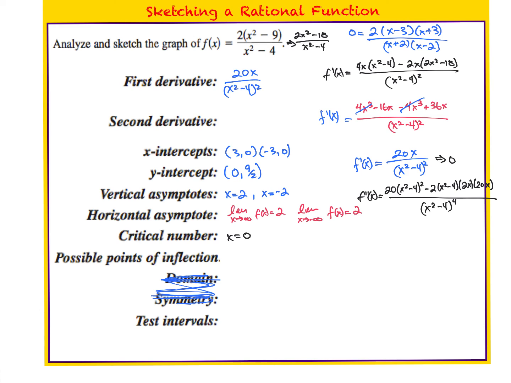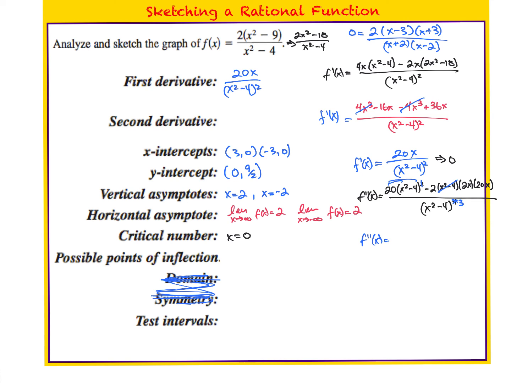What would I highly suggest you do right here? Cross out one of the x squared minus 4s. So this one, go bye-bye. That one goes to a 1, and this one goes to a 3. All right, so let's distribute and start combining. So f double prime.